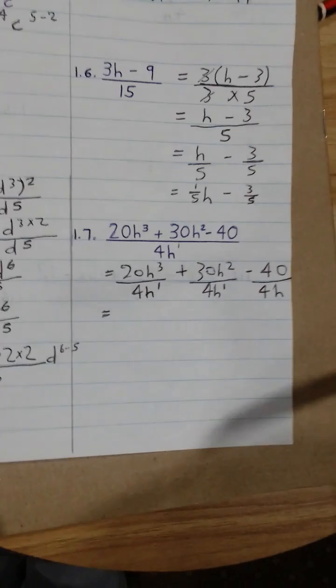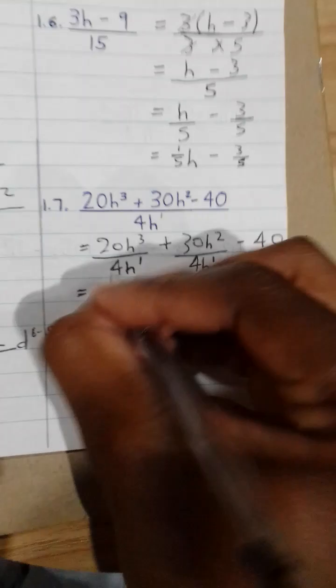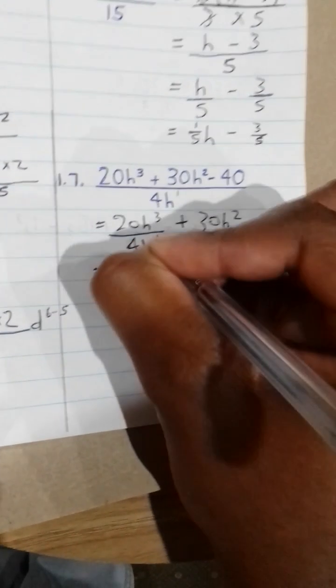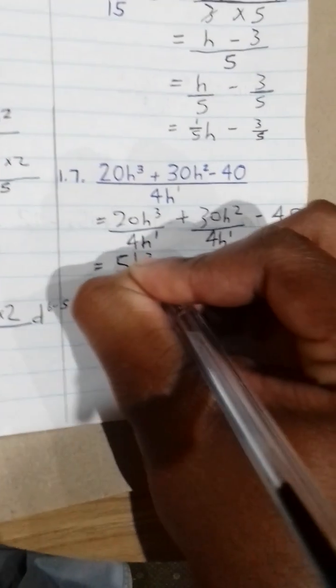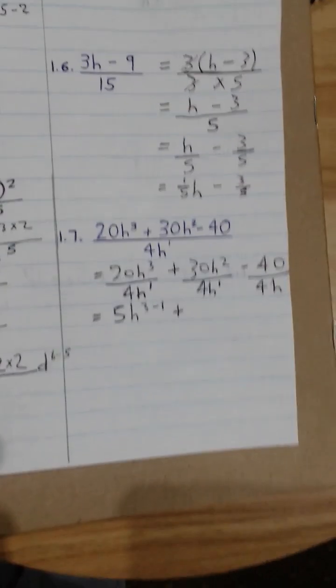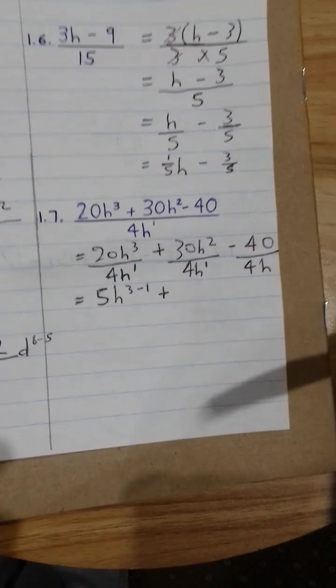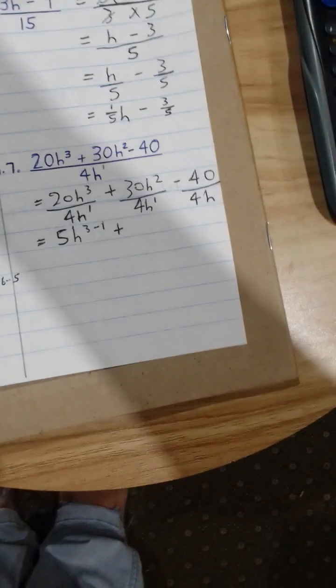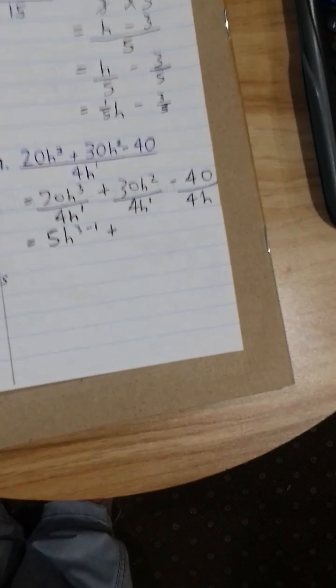So 20 divided by 4 is 5, right? So h to the power of 3 minus 1. 30 over 4 gives us a decimal.